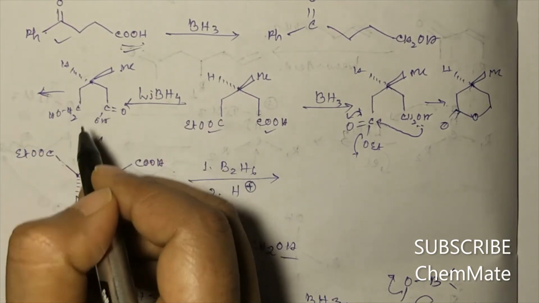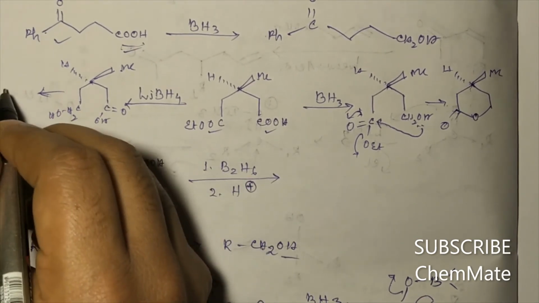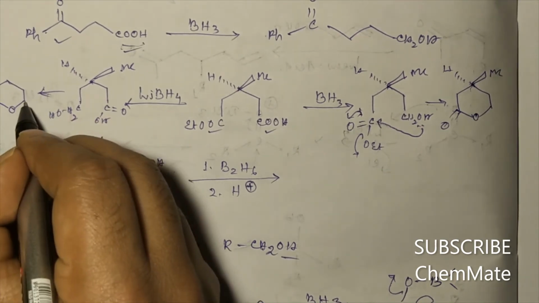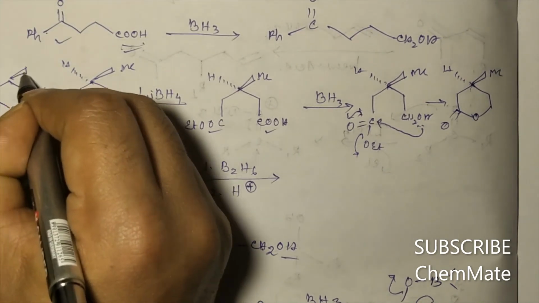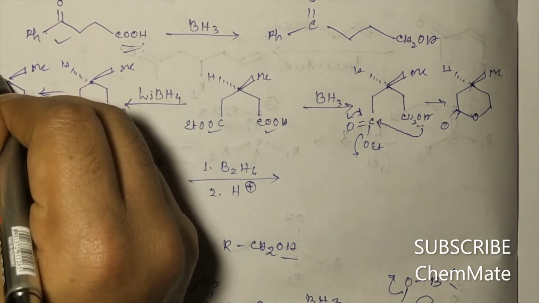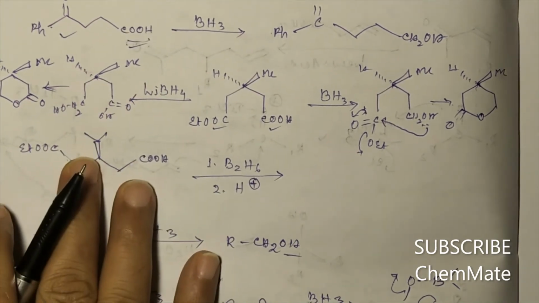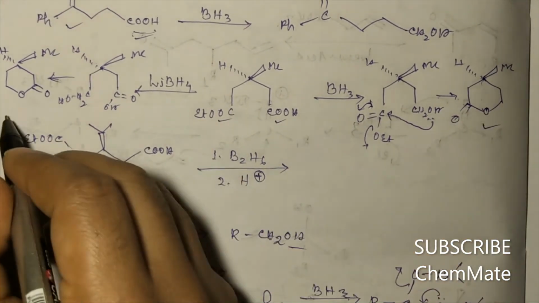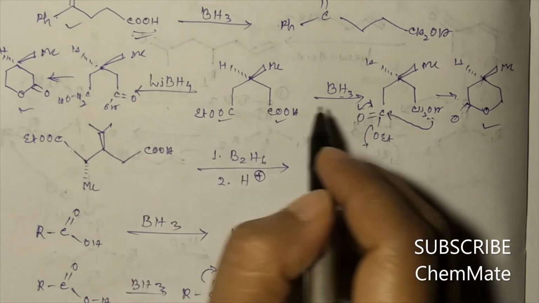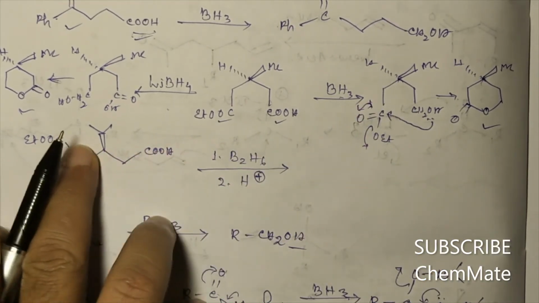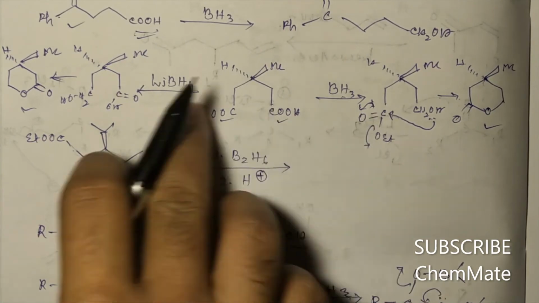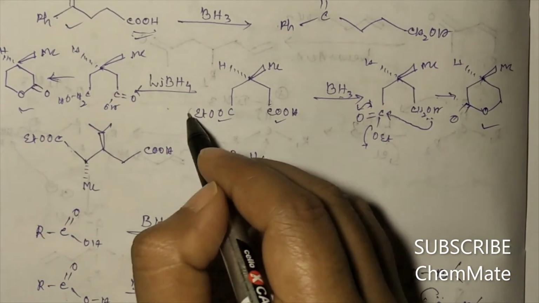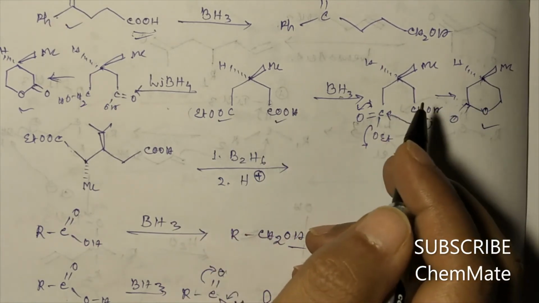Now it undergoes lactonization, forming the product, this. So we can see the difference in product if we use a different reagent. By using different reducing agents, we can reduce selectively either the ester or the carboxylic acid group.